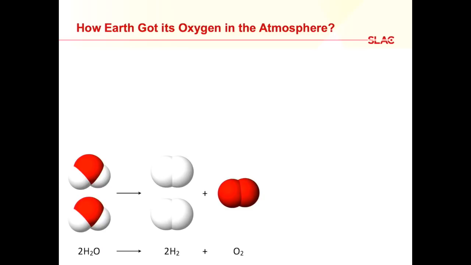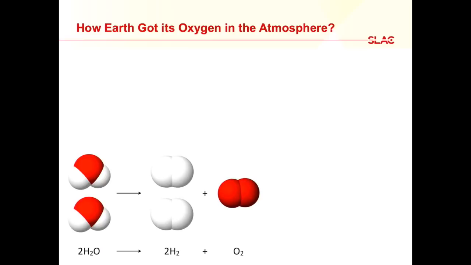Nothing moves during the measurement, so you can imagine starting a reaction by, for example, in photosynthesis, illuminating it with visible light, starting a reaction and measuring the changes with time by taking multiple snapshots. So this is what I'm going to talk about now, where I'm going to talk about photosynthesis. I'm going to talk about how our atmosphere got its oxygen.